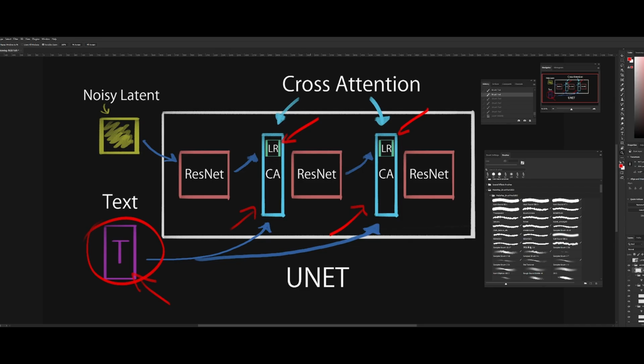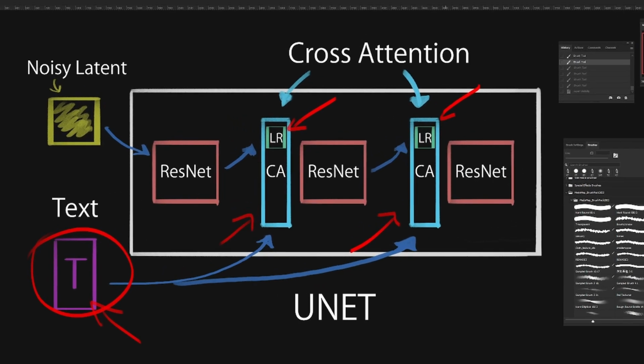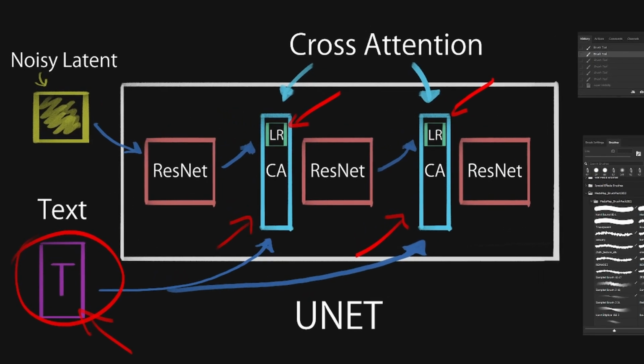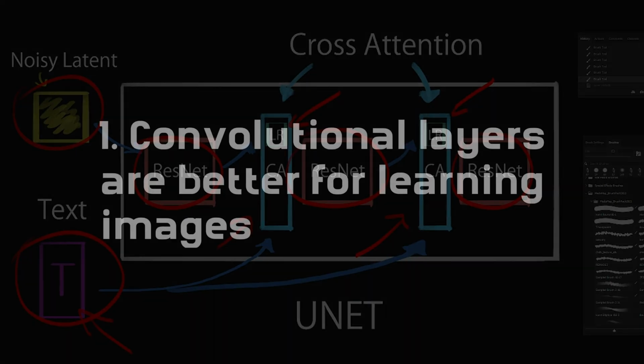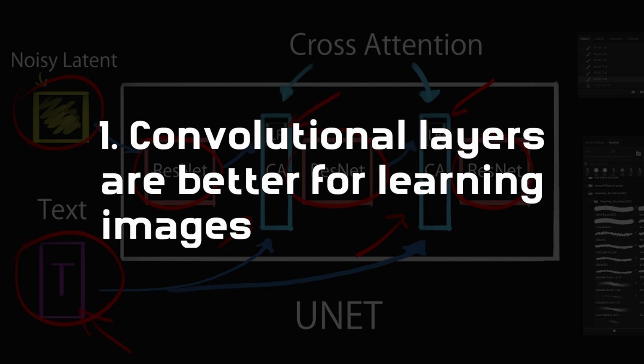In theory, LoCon should be better than vanilla LoRA because you're working with image tensors, so ResNet, and also the noisy latent is image information. And convolutional layers are better suited at that kind of analysis or processing.